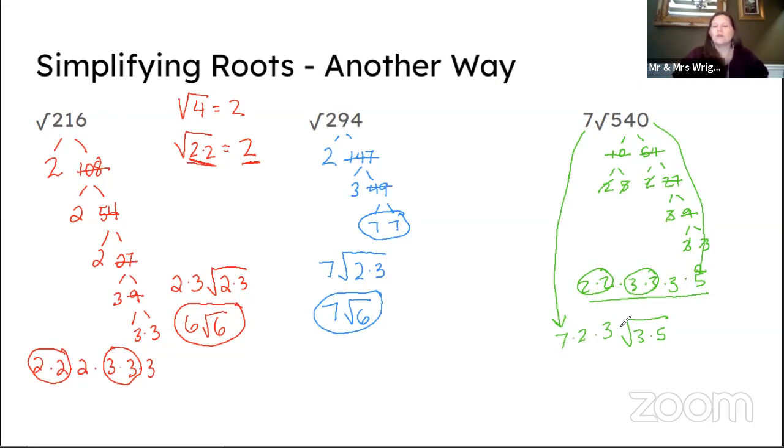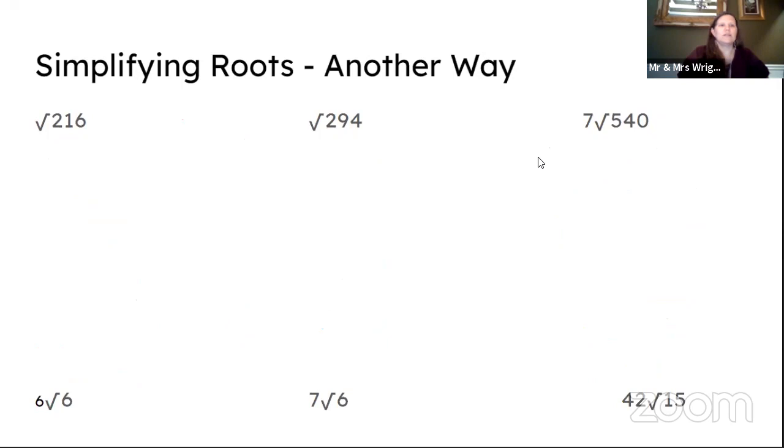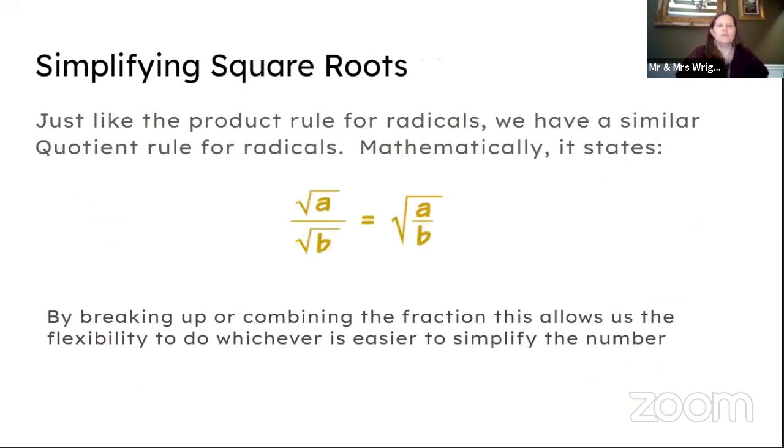Now we just do our multiplication. 7 times 2 times 3 is going to be 42, and then it's radical 15. All right, looks like I got everything correct there. So let's go ahead and move on.